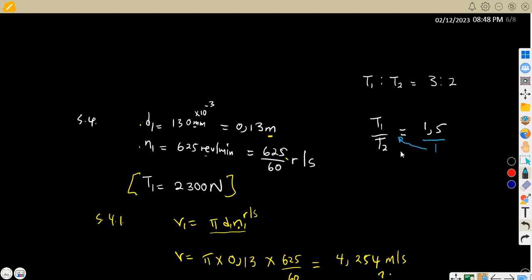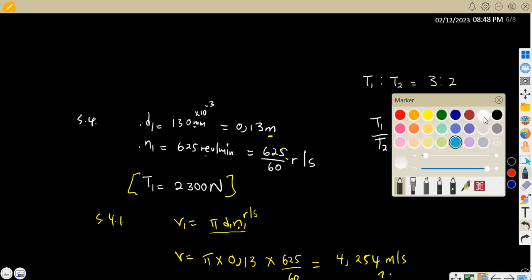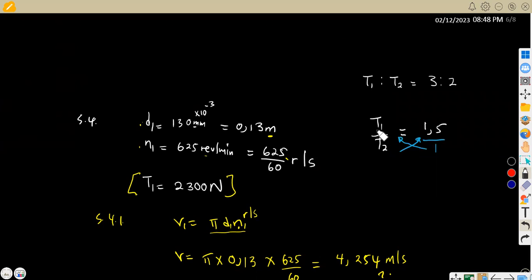If you cross multiply, this gives us T1 is equal to 1,5 times T2, which is 1,5 T2.